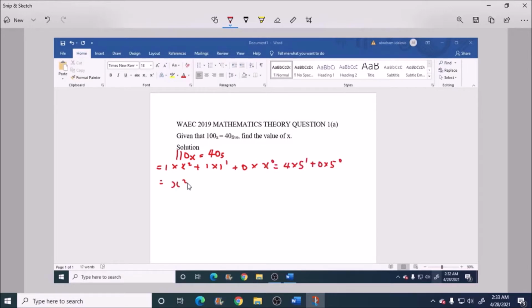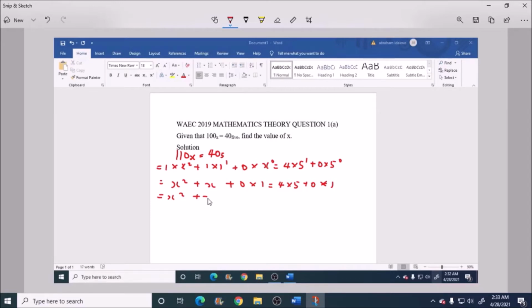plus x plus 0 times 1 equals 4 times 5 plus 0 times 1. So this will give us x squared plus x plus 0 equal to 20.